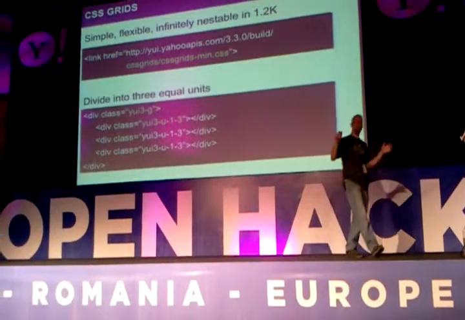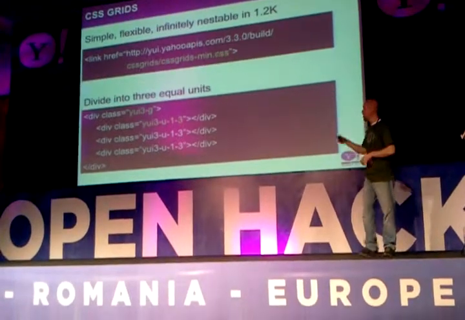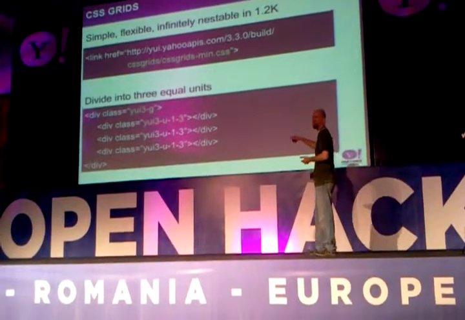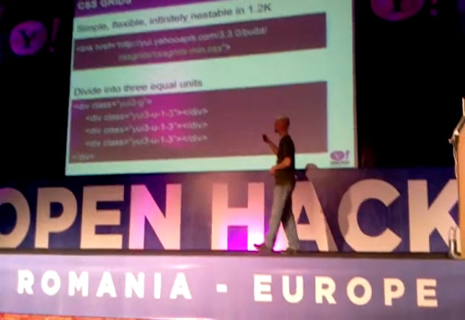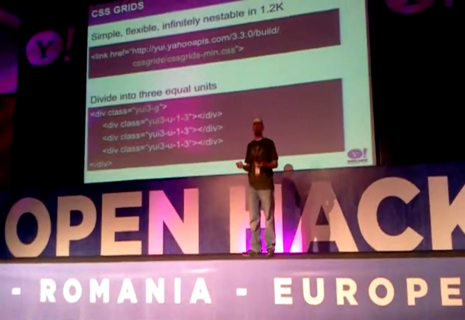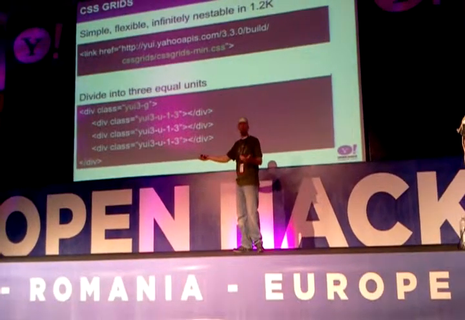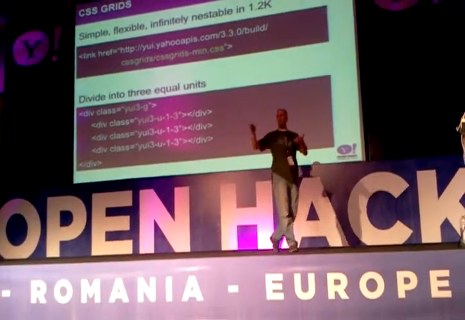The G is the grid container, and the U is the unit. We have a bunch of additional class names just for convenience, but what it does is say G is where all of your grid units are going to go, and you specify any number of units that you want inside of that, and it'll just line them up.